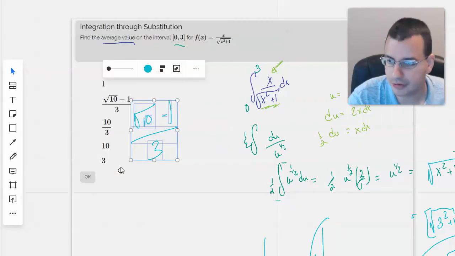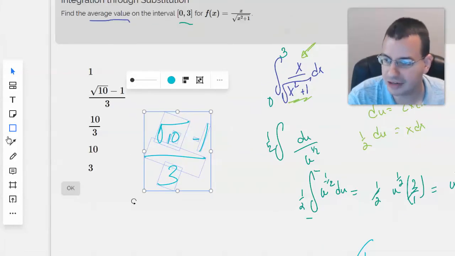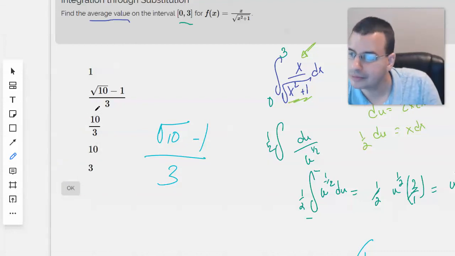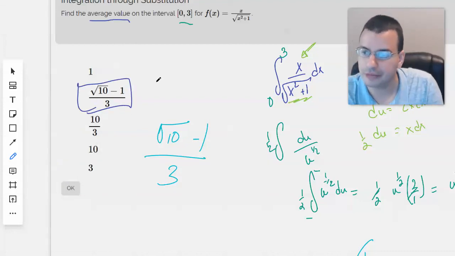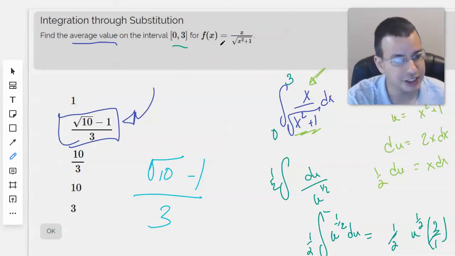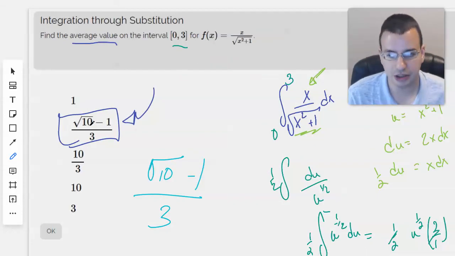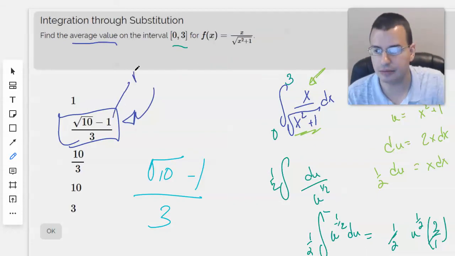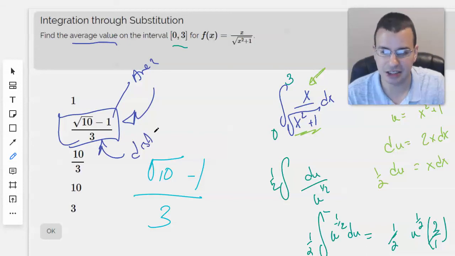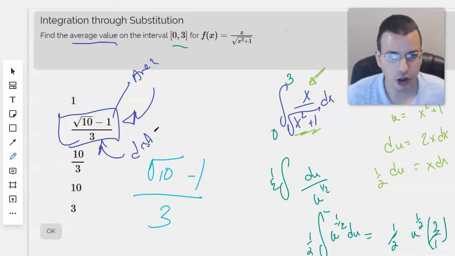Aha! We even have it as a possible answer, which is nice. So the average value of f of x in this case will be the square root of 10 minus 1, because that's the area, and divide by 3, because that's the distance or width of our interval.